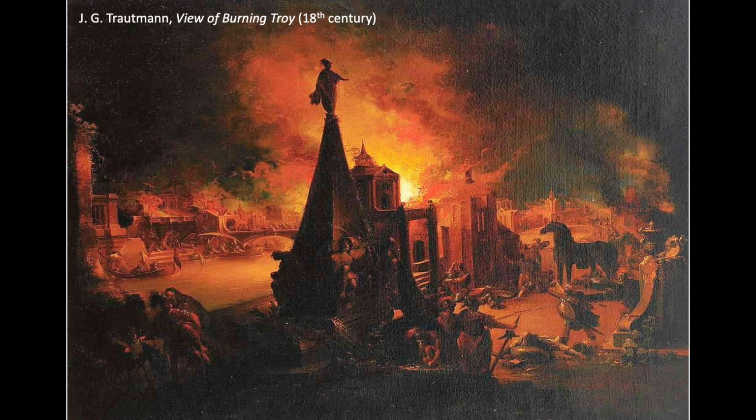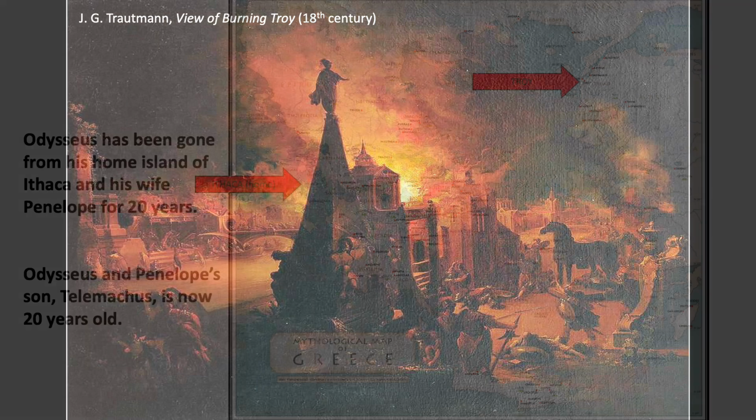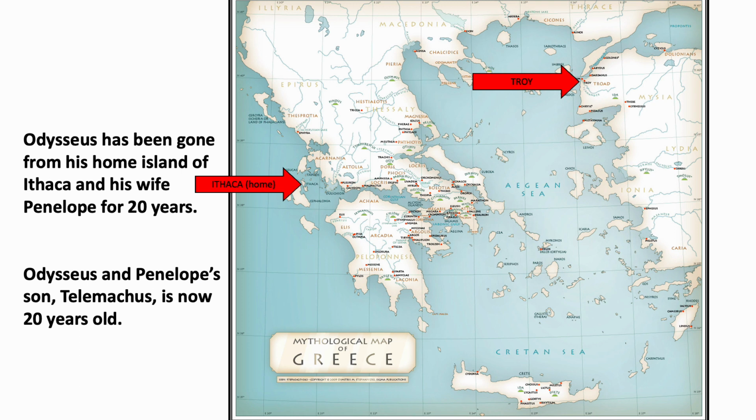He has been gone from his home for 20 years. He and his wife Penelope were newlyweds when he left Ithaca. Their son, Telemachus, was a newborn. Now, as the Odyssey begins, Telemachus is 20 years old, and he has never known his father. He has only heard stories.